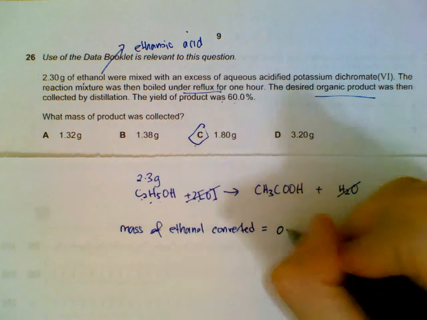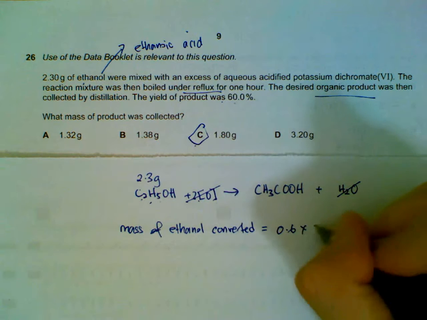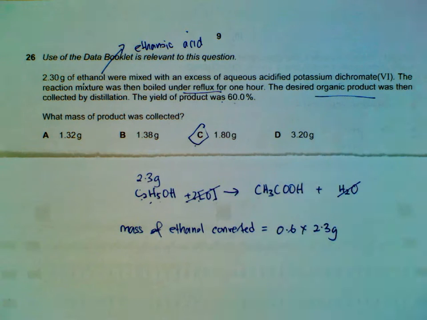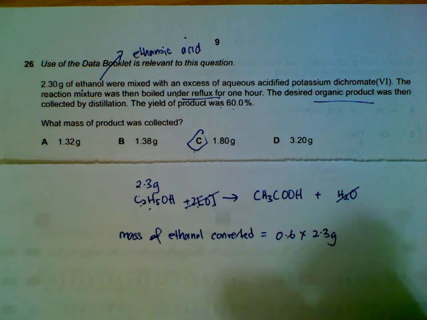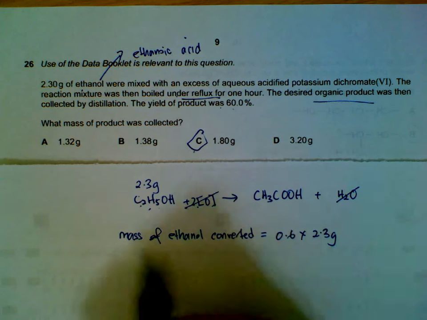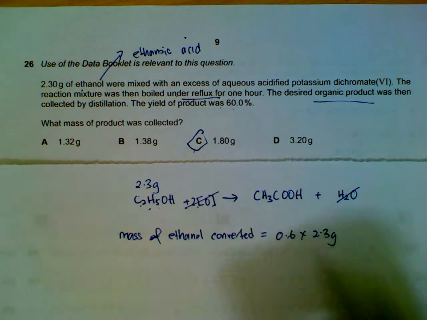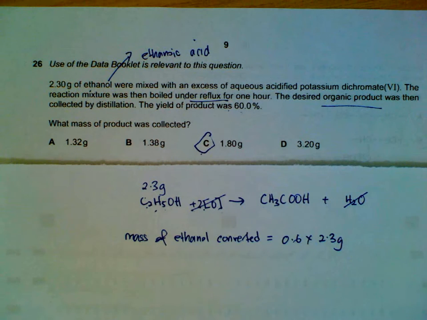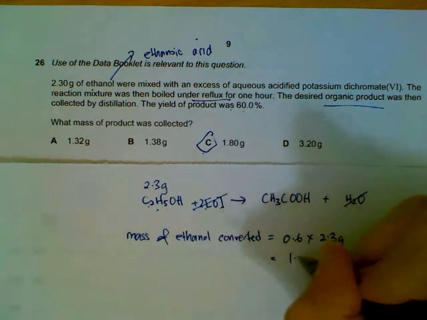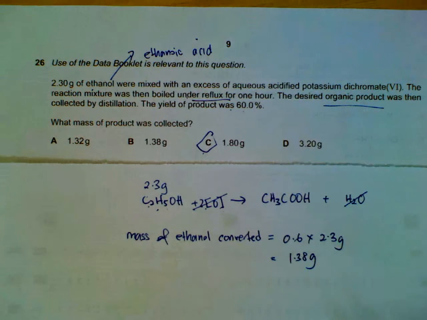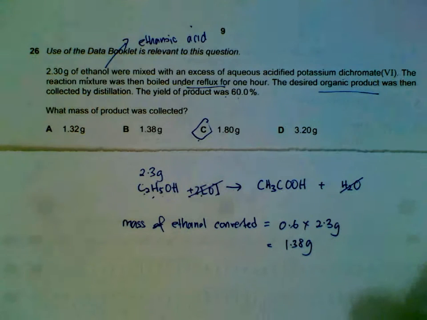We get 60% multiplied by the 2.3 grams that was used. This is the mass that was used. 1.38 grams of ethanol was successfully converted.